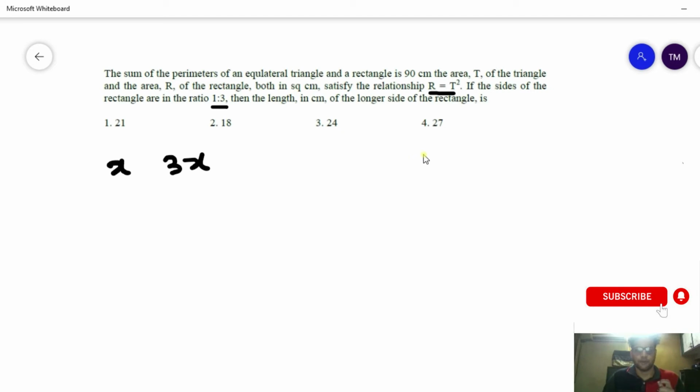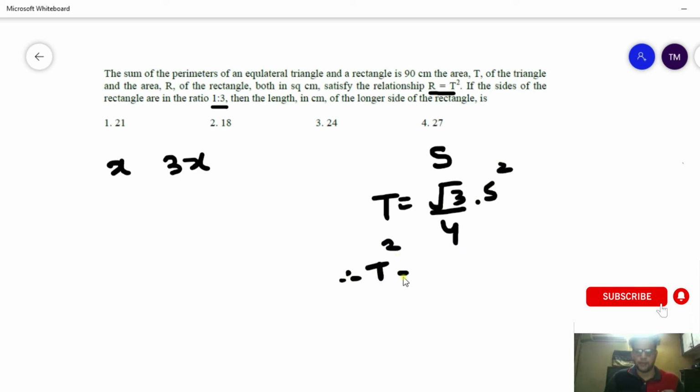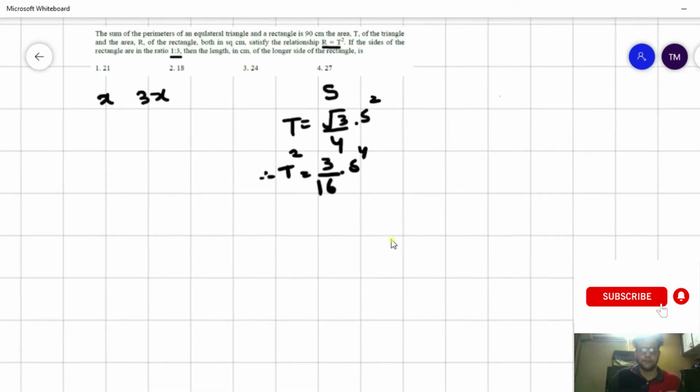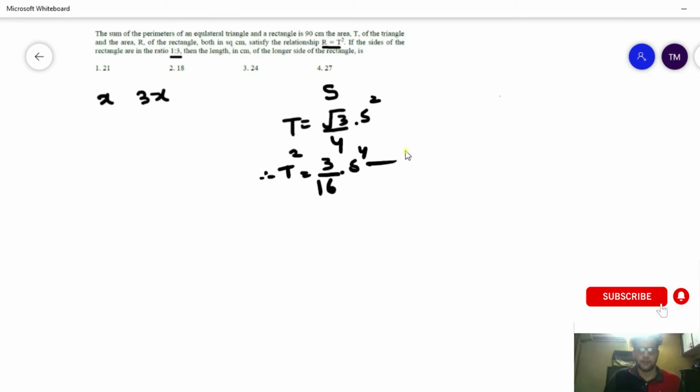Let's assume that the side of the equilateral triangle is S. So the area of the equilateral triangle, that is T, would be √3/4 S square. Therefore, T square becomes 3/16 S raised to 4. Now this becomes my first equation. What is the area of the rectangle?